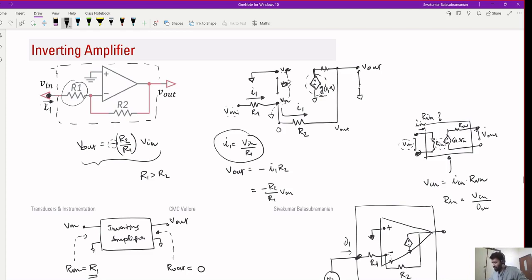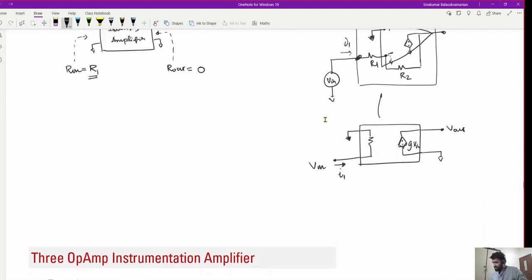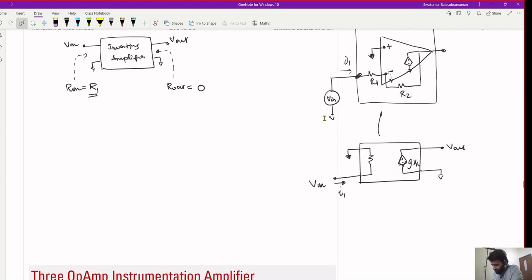If you're still not convinced, instead of following this argument, you can do this. You take your inverting amplifier, this is R1, this is R2.